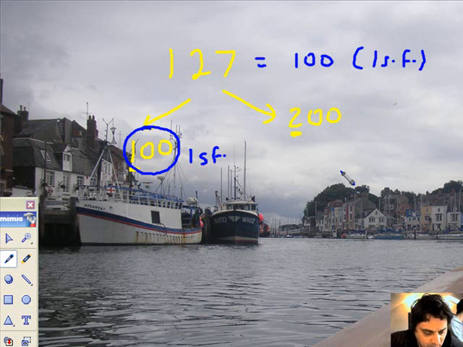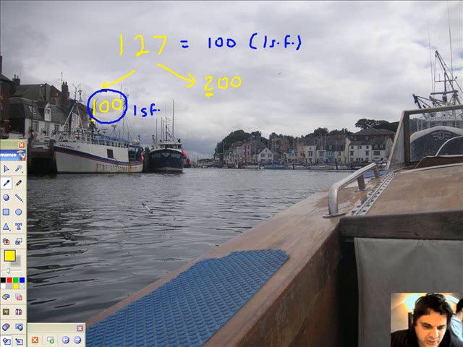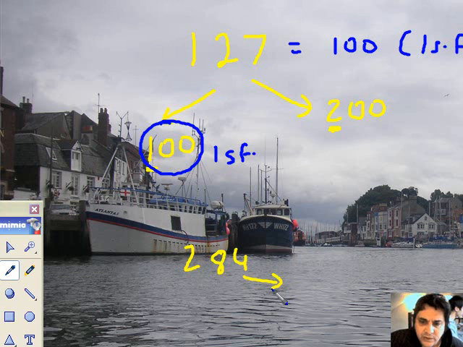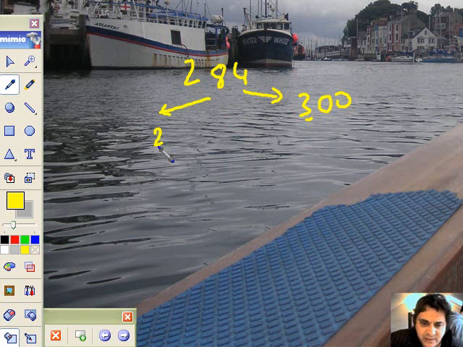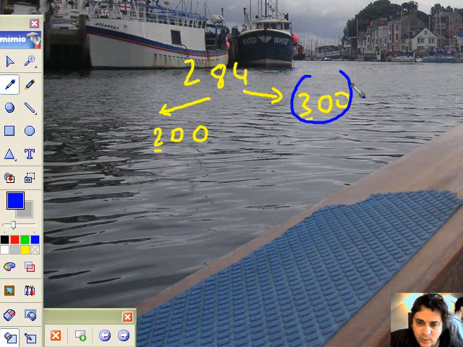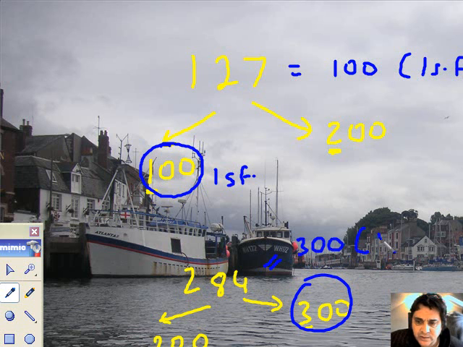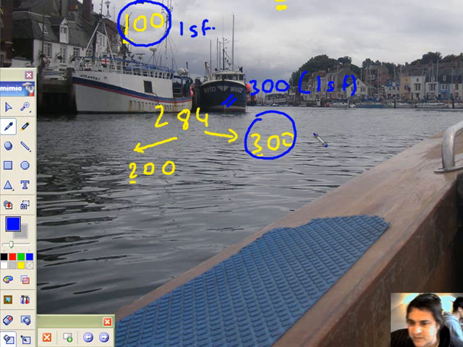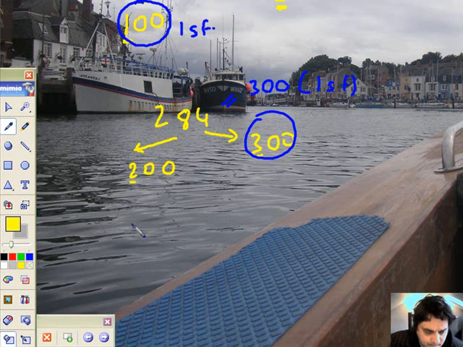Alright, next one. Working in yellow, just do a few of these only. I've got 284. The choice is take it up to 300 or drop it back down to 200. I'm sure you can see that 284 is nearer to 300, so 284 is 300 to one significant figure. Do another one.